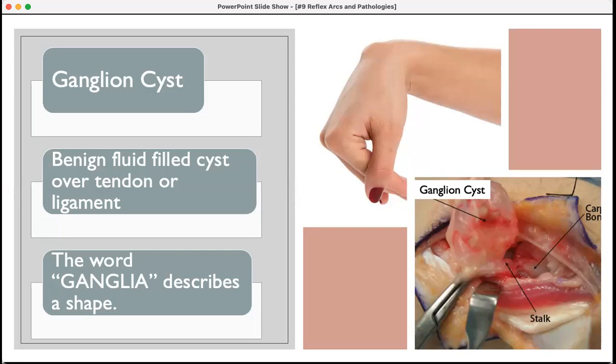The old treatment was smacking it with a big Bible, or now, if it doesn't resolve with aspiration with a needle, they can do surgical removal, taking the whole cyst out, because they generally recur if you aspirate them.